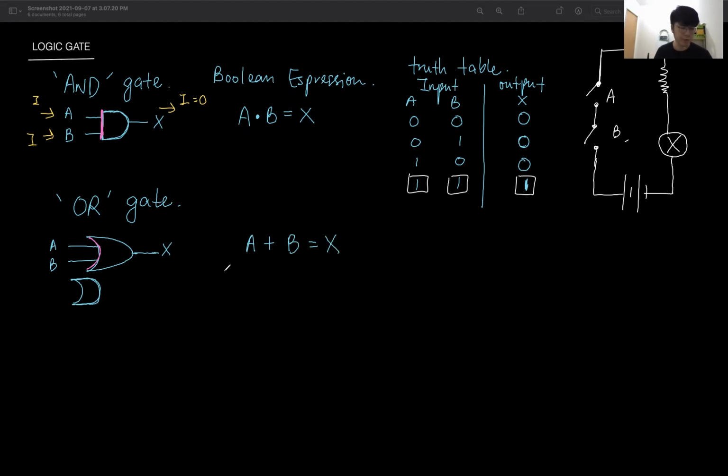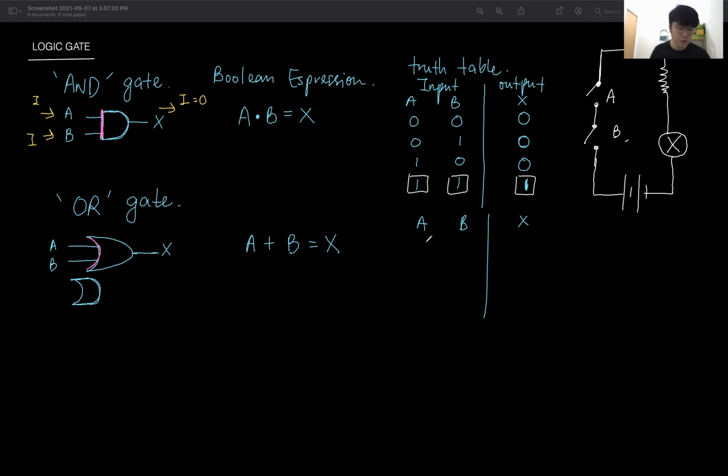Okay, this is my Boolean expression. Again, come to the truth table. A, B, and then we have our output X. The OR gate is the same as the second instruction given by the manager. Remember, the manager says, if it's thin or tall, he can pass. It's the same thing as this one.